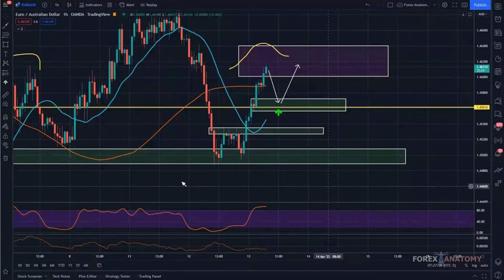These support and resistance levels do matter. So, we're expecting that retest higher with an intraday buy trade right now, in anticipation for a deeper sell-off, a short to medium term sell-off in euro Australian dollar down lower to honor that head and shoulders reversal pattern.